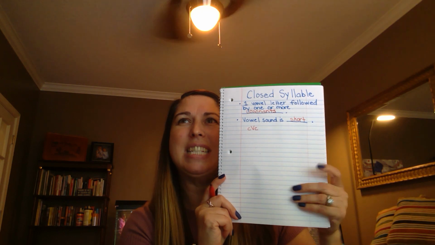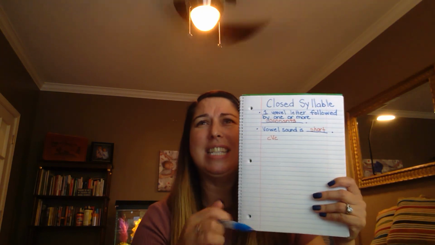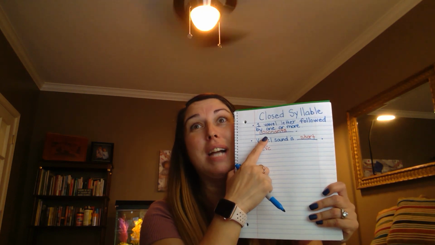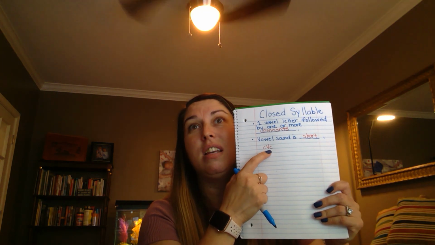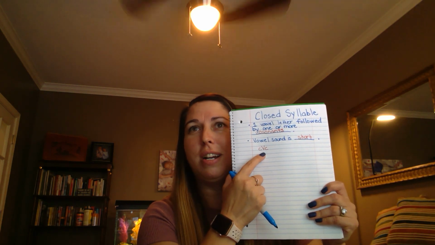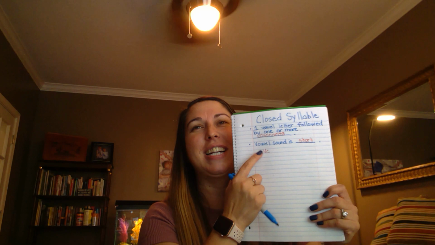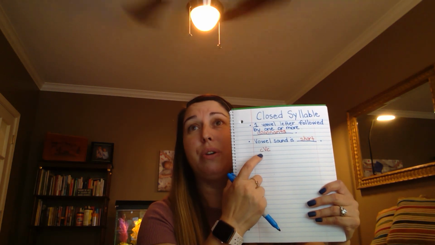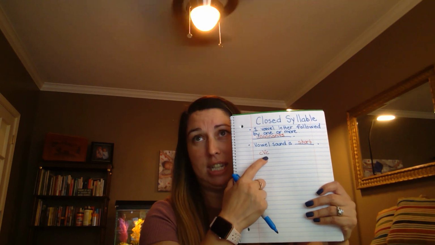C, V, C. I wonder what the C stands for. If you said consonant, you're right. So it's a consonant, a V, and another consonant. So what do you think the V stands for? If you said vowel, you're correct. So a closed syllable word usually goes consonant, vowel, consonant.